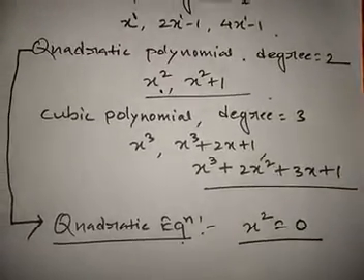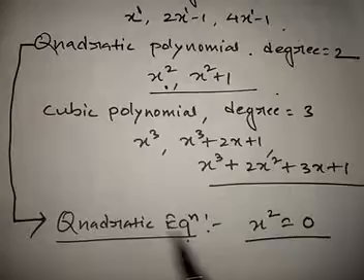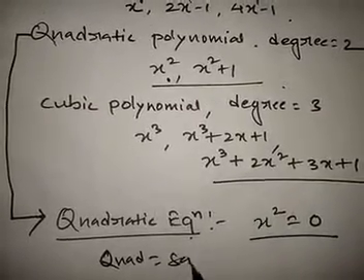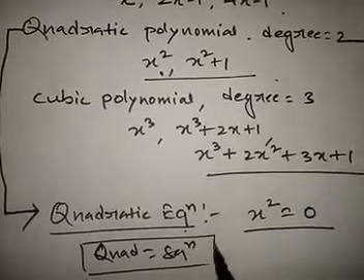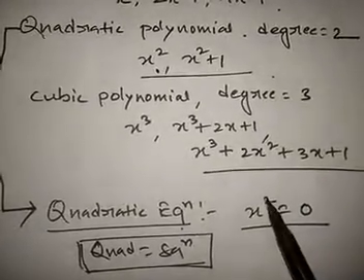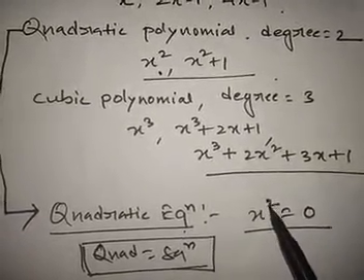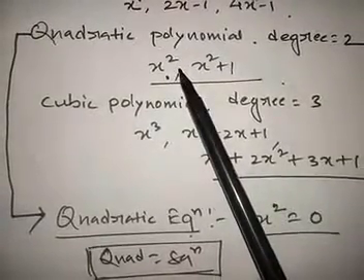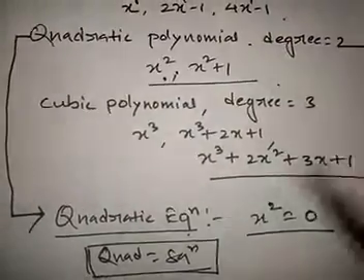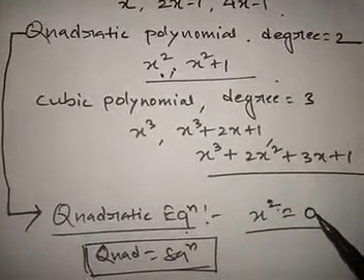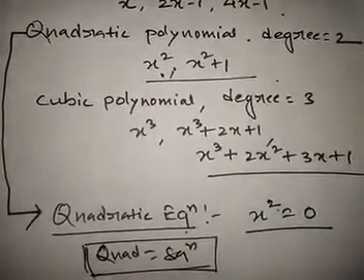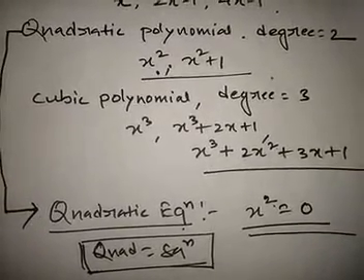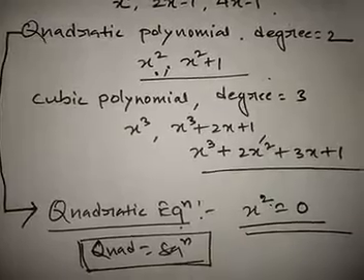Very simple. Quadratic, quad means square. Remember this, quad means square. That means the degree will remain 2. Here also the degree will remain 2. If there is no equal sign, then it will be called quadratic polynomial. If equal sign and 0 are there, then it will be called quadratic equation. This is the difference between quadratic polynomial and quadratic equation.